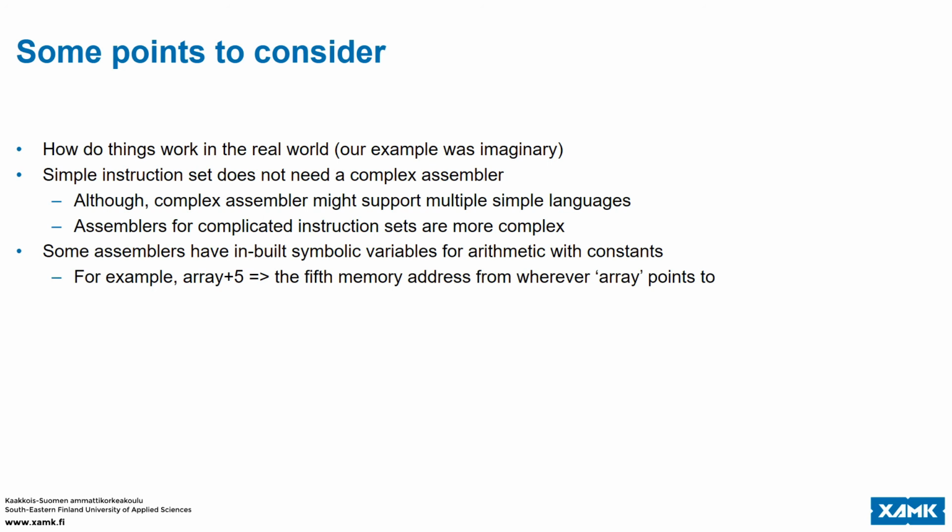Some assemblers have built-in symbolic variables for programming convenience that work with arithmetic with constants. For example, you could have a variable name such as array, and you add some constant number, let's say 5, to it, meaning that you want to point to the 5th memory address from wherever this array points to.